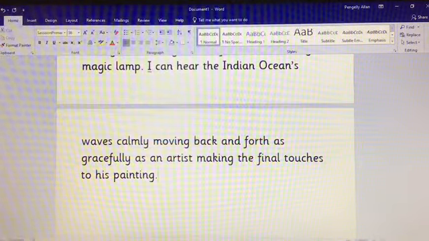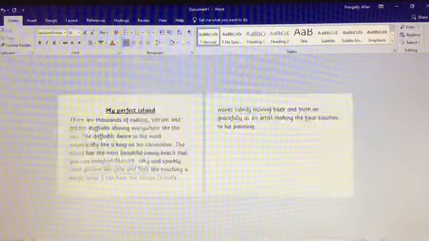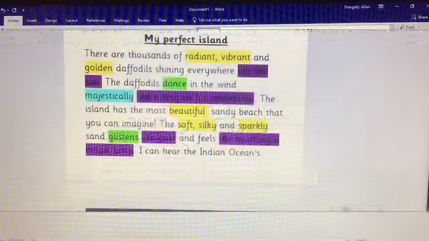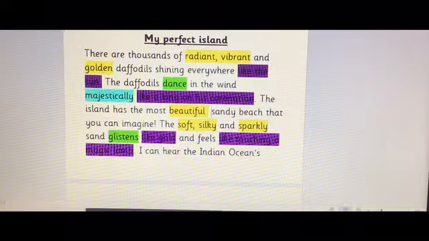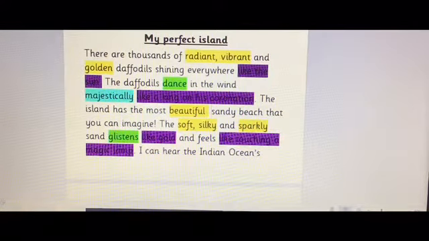Okay, I'm now going to read my work back. I think it's really important to do that, to make sure that you haven't made any mistakes, to make sure that it makes sense, and also just to make sure that you've put everything in that you want to put in.